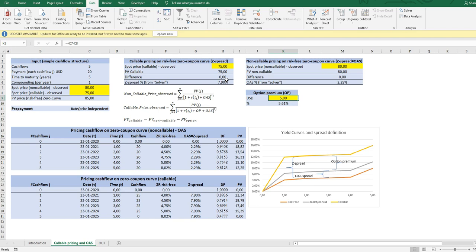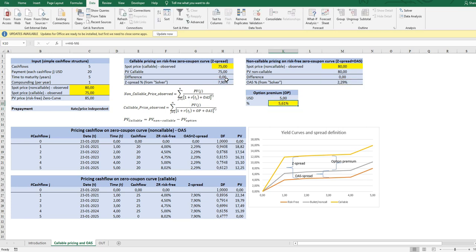The option premium in dollars we know is 5, 80 minus 75, but converted to percentages, it's the difference between the Z-spread and the OAS.